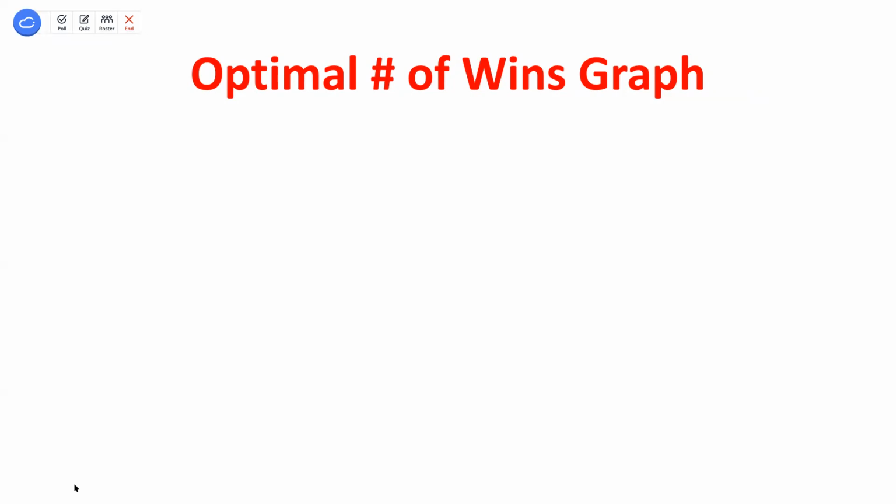I can rewrite this as total revenue over the number of wins. Here, my total cost will just be the number of wins I want to target times the marginal cost of each win, which I've kept constant.